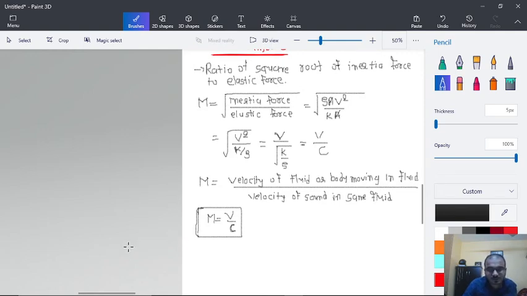Now based on the value of Mach number, we have a classification of fluid flow, so that we are going to discuss now.